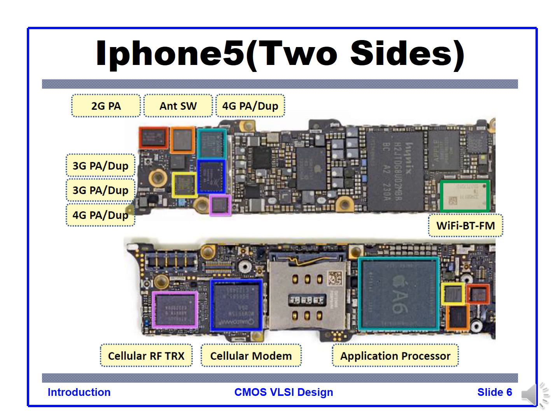This is made out of all digital building blocks. We also have a cellular modem on the left. That is also a digital block, tightly coupled with the cellular RF TRX building block. So for VLSI you have to deal with all these kinds of subsystems, especially for digital systems.